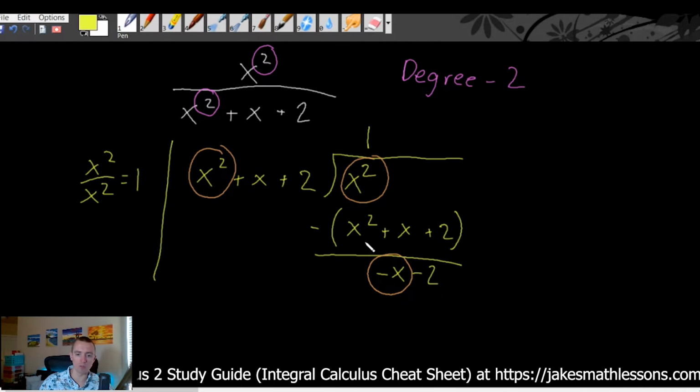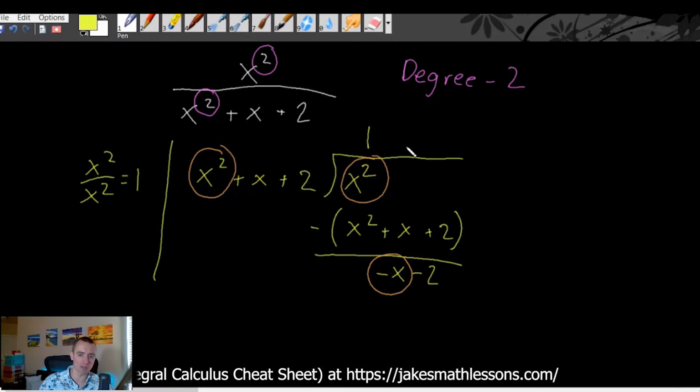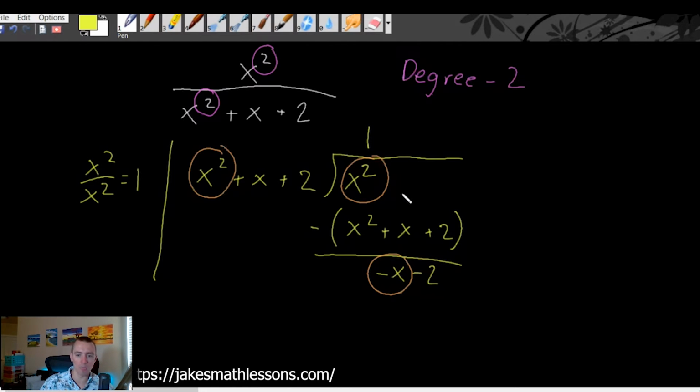We don't want to write 1 over x up here. That doesn't really work. We want to end up with a polynomial or numbers up here. We don't want to introduce 1 over x or 1 over x squared or something like that. So once you get to the point where the degree of your leading term here is less than the degree of your leading term here, you're done.